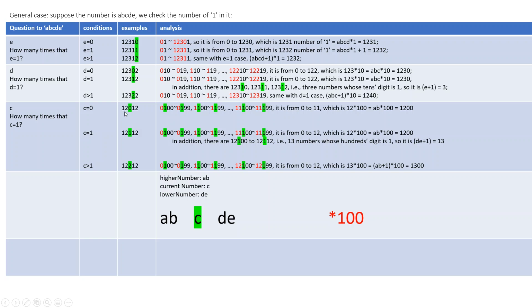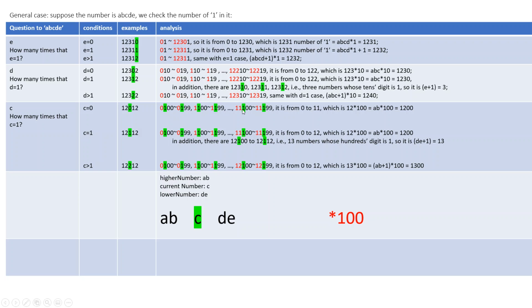Suppose we are given this number is 12012. And finally, we know the final subset is from 11100 to 11199, right? So how many subsets are there here? We know every subset has 100 numbers, right? Because it's 100 to 199, they actually have 100 numbers inside.